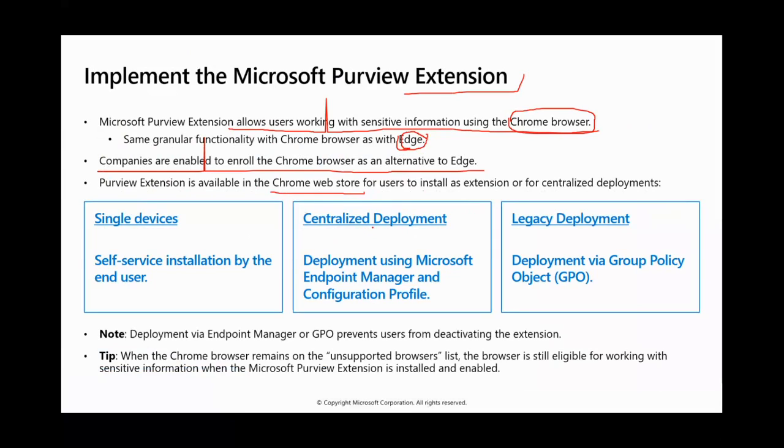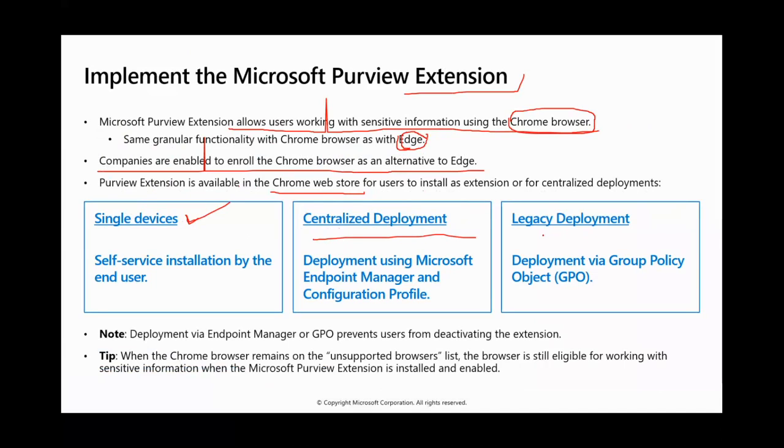The benefits: we're going to be able to install it on single devices, not on all the devices for all our employees, just in case it is necessary. Then we can also do centralized deployment. This deployment is also going to be possible using Microsoft Endpoint Manager and a configuration profile.